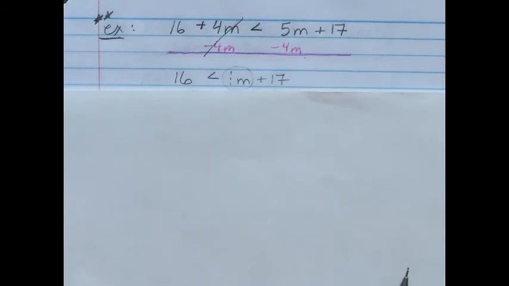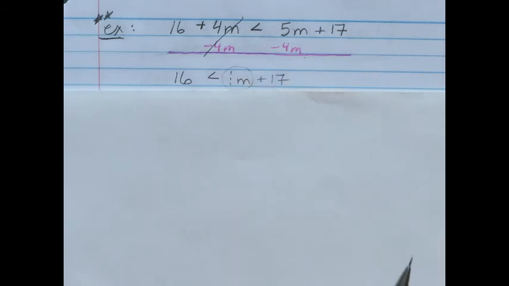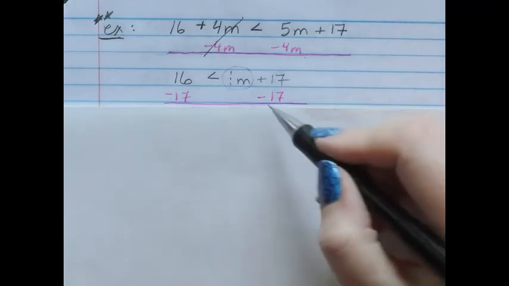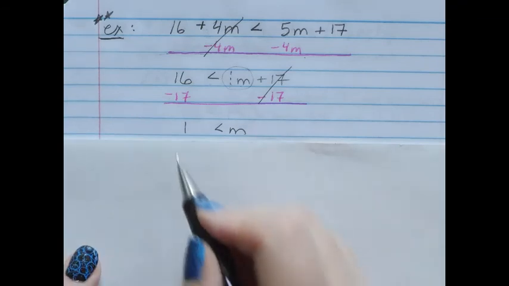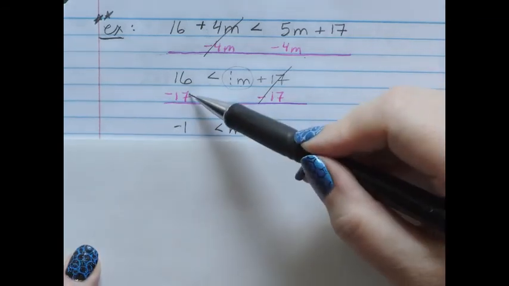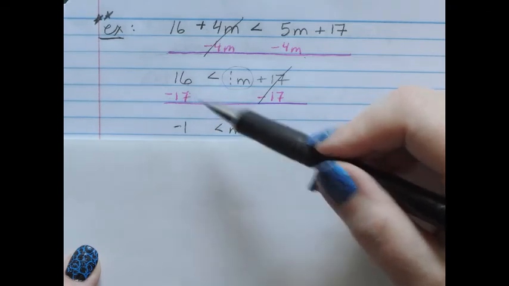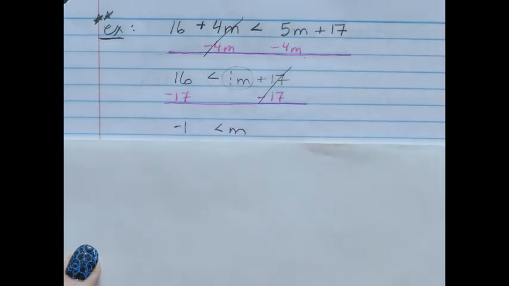So what is the opposite of a positive 17? If I move it across the inequality symbol, I'm going to subtract 17. Opposite sign, because I'm going on the opposite side. 16 minus 17 gives me 1, and not only 1, but a negative 1, because 17 is larger, so 17 minus 16 is 1. 17 is the larger number, and it's negative, so my answer gets the negative sign.